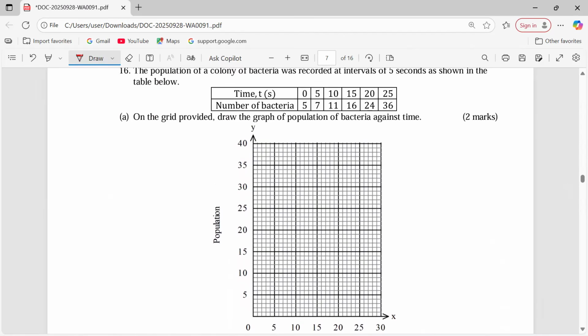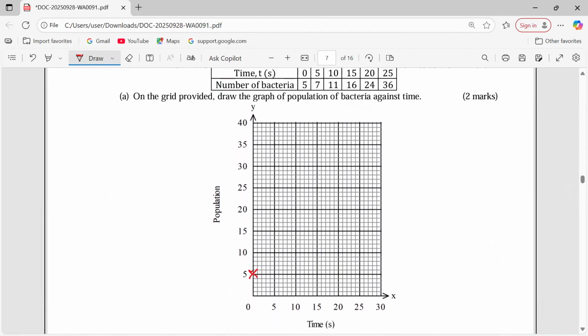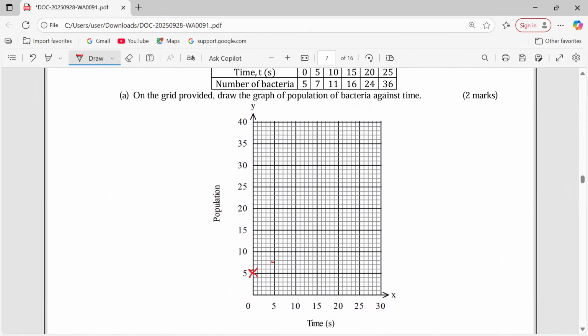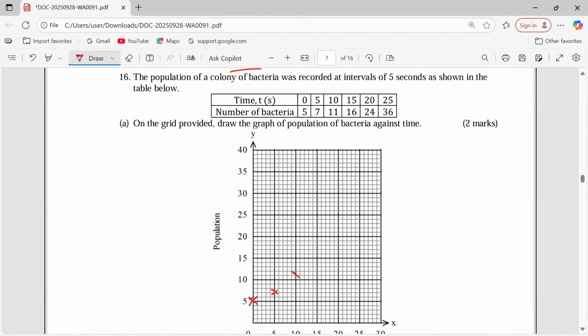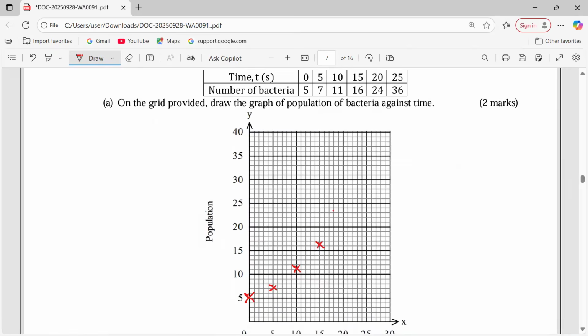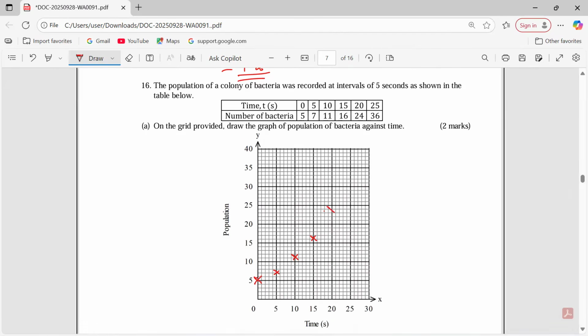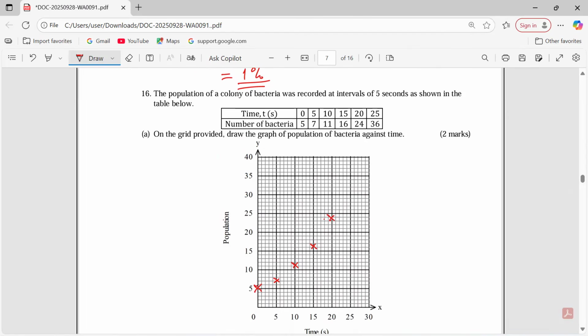So we need now to just plot 0 and 5. So this is the first coordinate, 0, 5. Then 5, 7 bacteria, just above 5, 10, 11, 15, 16, then 20, 24, 24 is just below 25, then 25, 36, 25 and 36 at that point like that.